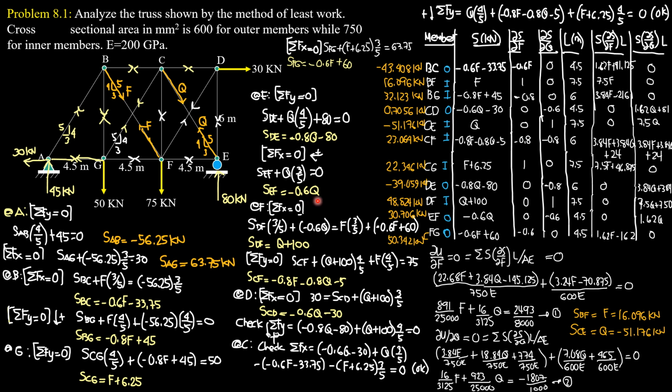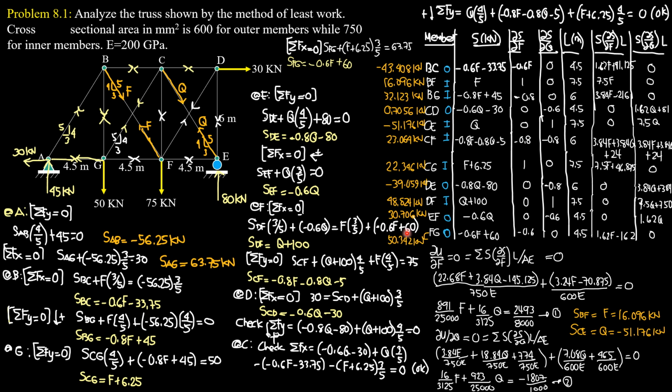Then at joint F, summation of forces X equals 0. SDF times 3 over 5 plus SEF, which is negative 0.6 Q, equals the horizontal component of F, F times 3 over 5, plus SFG, and SFG is the quantity negative 0.6 F plus 60.